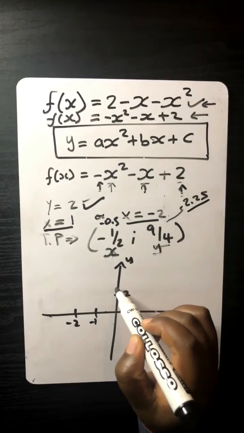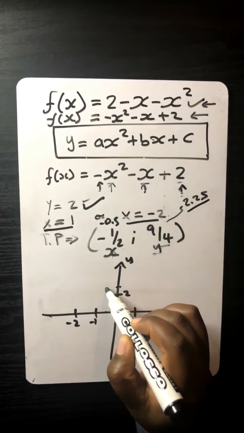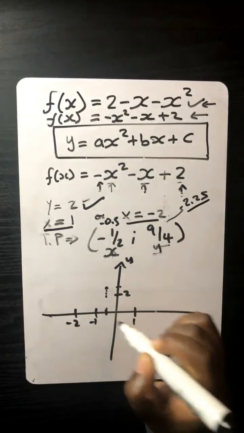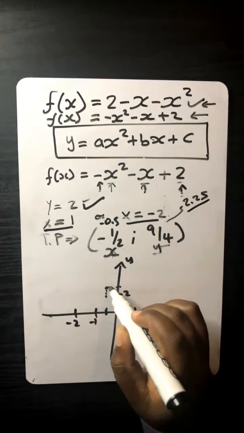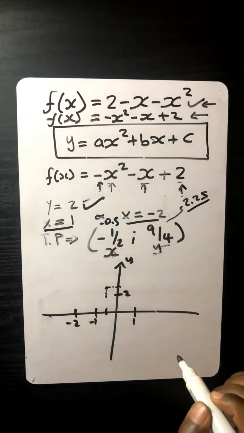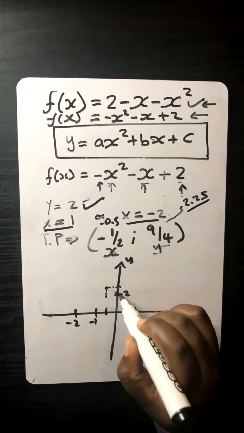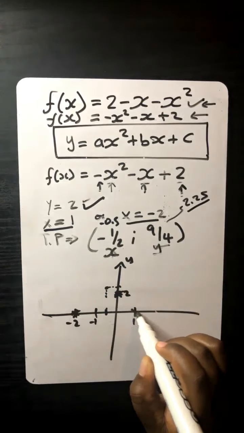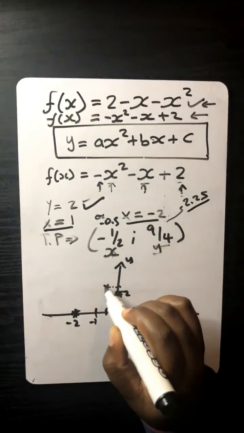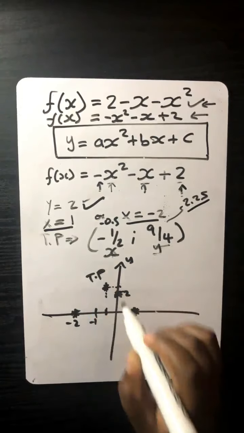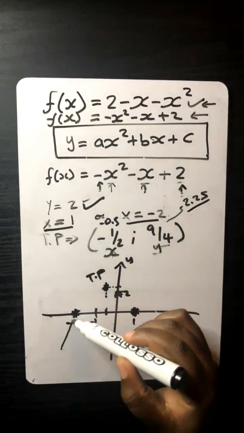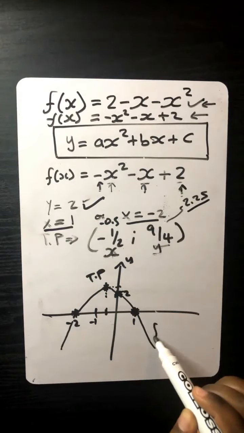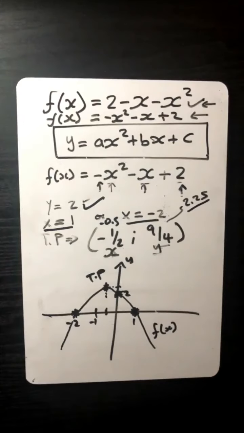So it just has to be that point where the x value is negative half and the y value is 2.25. So you've got that point, that point, that point, and also the turning point. Then by freehand, you can just join those points. This is how you draw your graph of f of x.